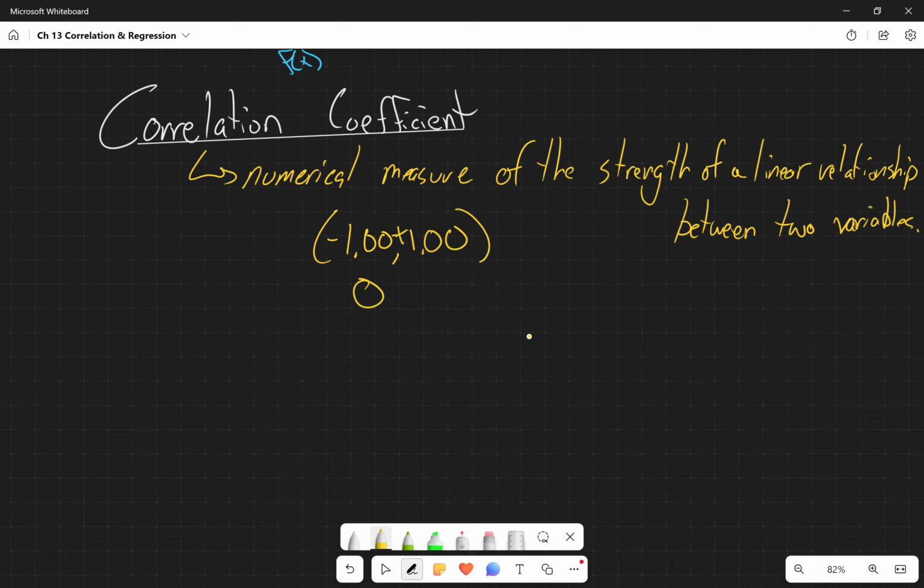If it's 0, that means that there's no association between the two. If it's 1, that means we have a situation where everything is pretty much on the line.